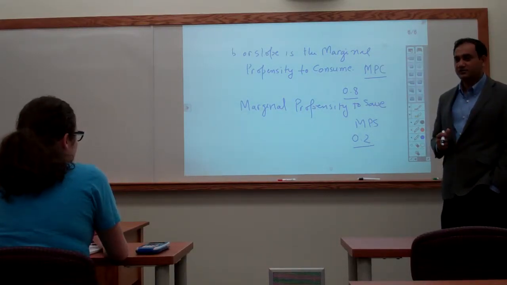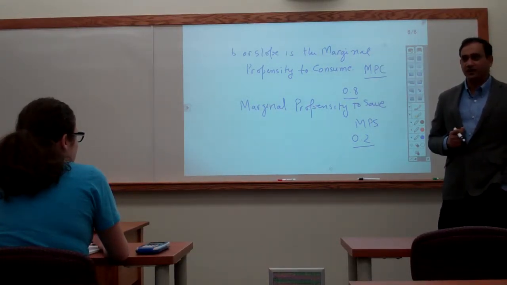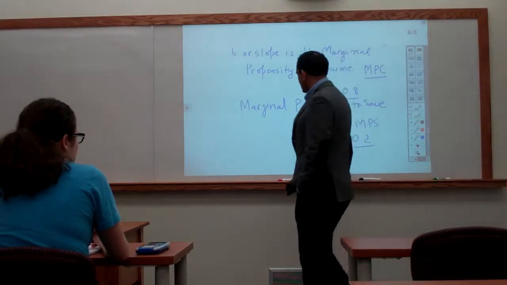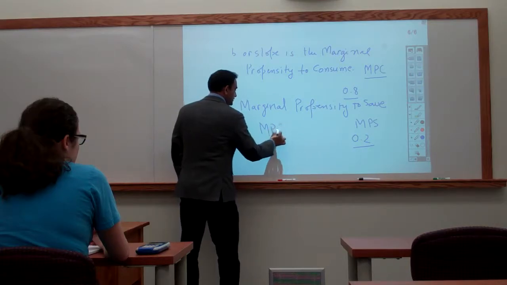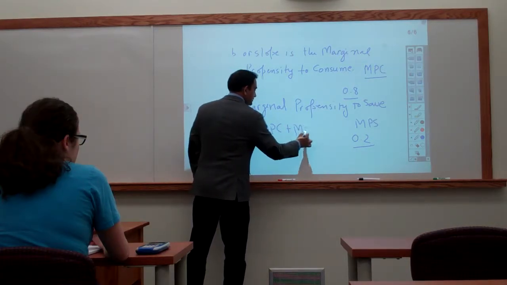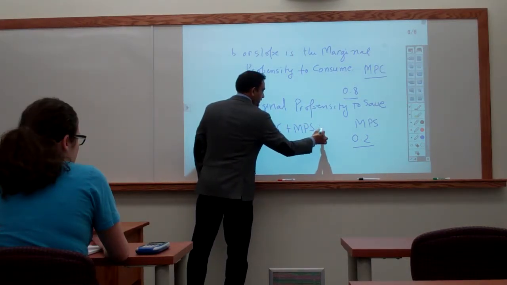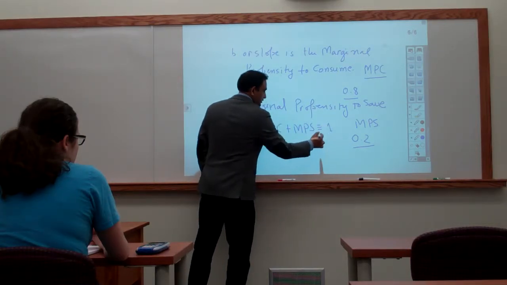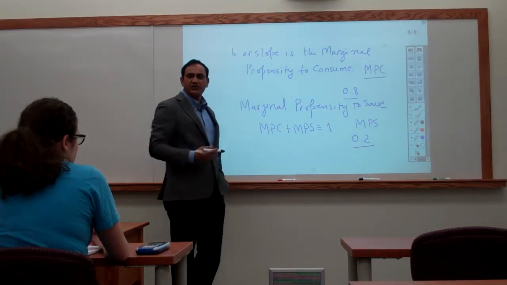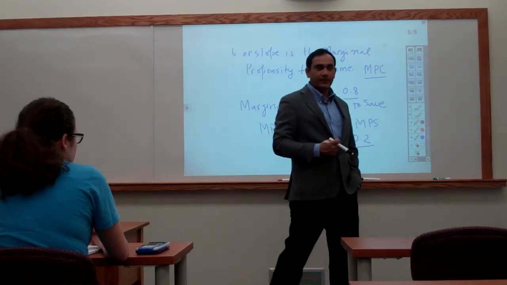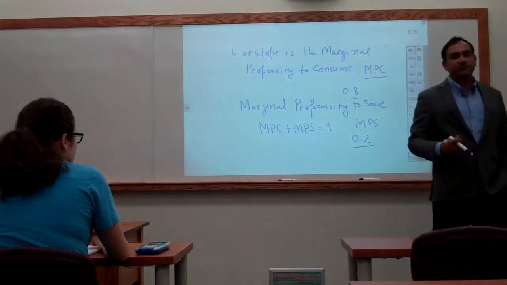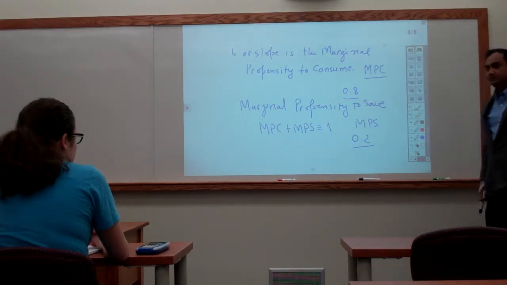Look at the numbers. 1. That's correct. Always the case, in this model. Triple equal sign means it's always true in this model, the way we have defined it. So MPC plus MPS equals 1.